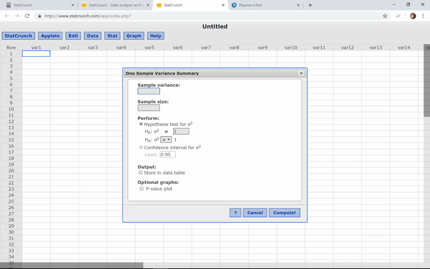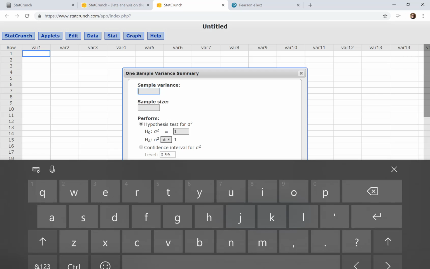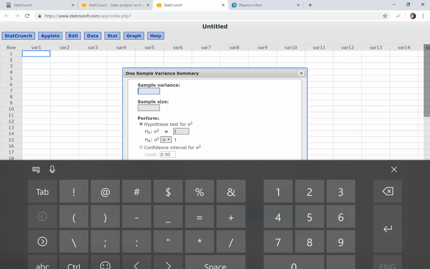Nope. It's going to be 0.17 squared, and that's going to be 0.0289, and our sample size was 27.